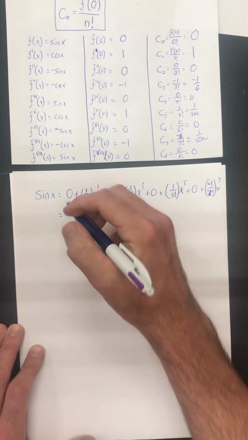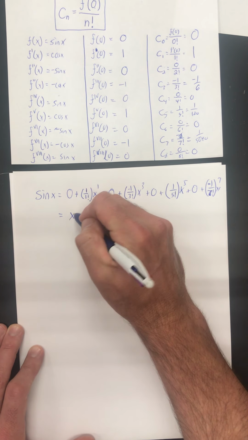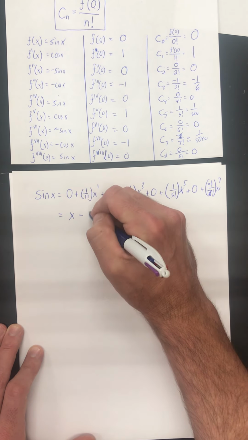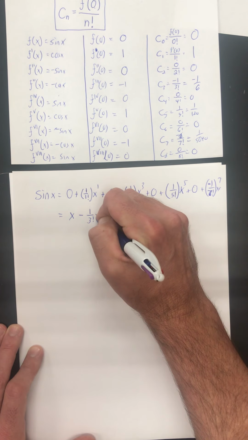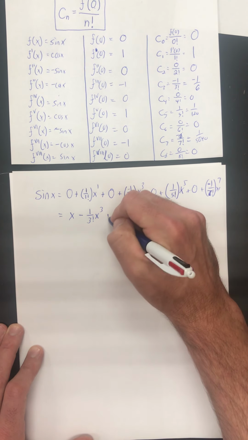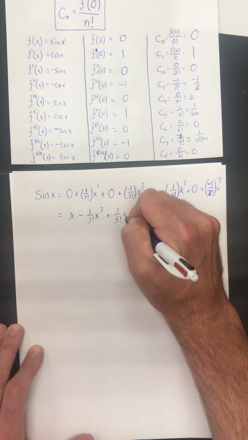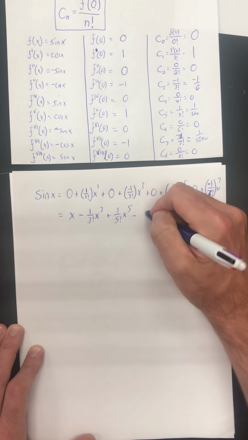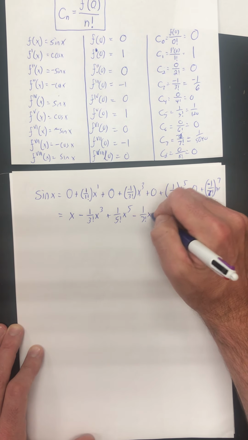So it seems here what I end up with is x minus 1 over 3 factorial x to the third plus 1 over 5 factorial x to the fifth minus 1 over 7 factorial x to the seventh.